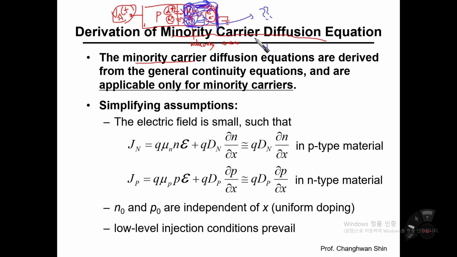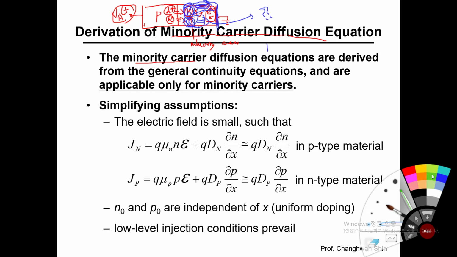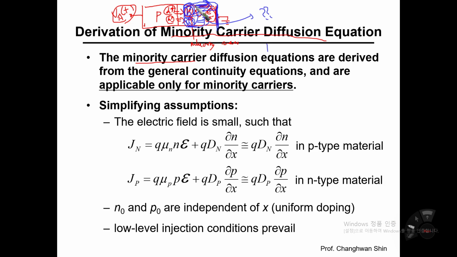So now let's change the color, and let's take a very small infinitesimal volume. Well, this p-type n-type is a three-dimensional sample, right? So let's take out this infinitesimal volume.